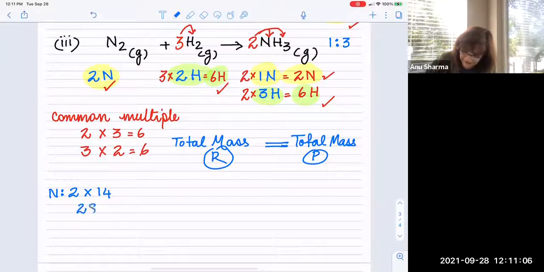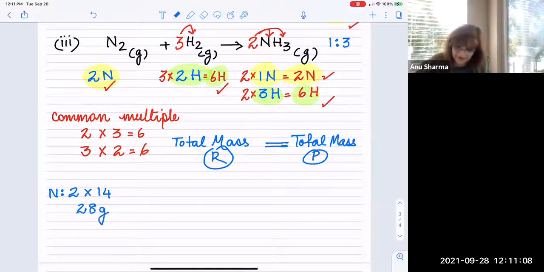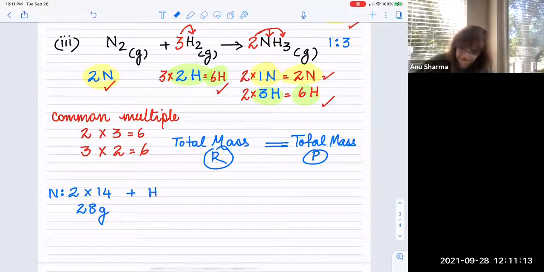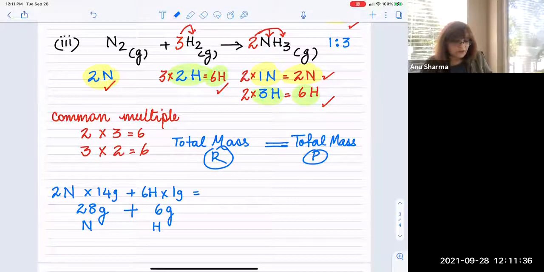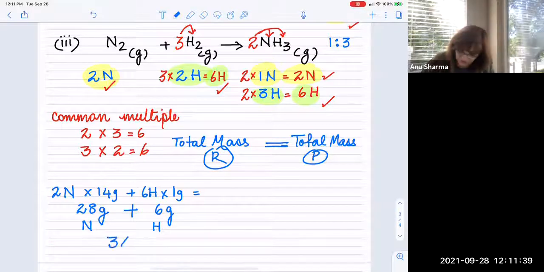That becomes 28 grams coming from the nitrogen, and 6 hydrogens times 1 gram each, so 6 grams is coming from hydrogen. You add the two together, 28 plus 6, 34 grams total. 34 grams on the reactant side.